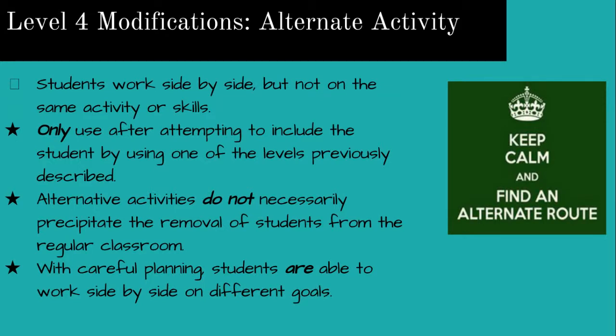Maybe they need something retaught, and so they don't necessarily need to be working on the same concept or skill as their peers. That's important to keep in mind, and I think it takes a little bit of pressure off of the teacher too, because they don't need to be held accountable for every single thing if they're receiving level 3 and 4 modifications.